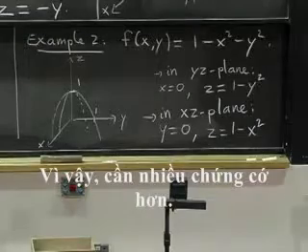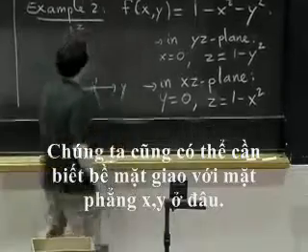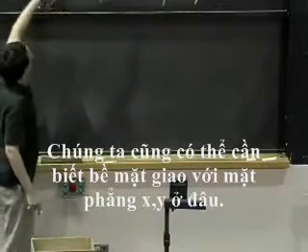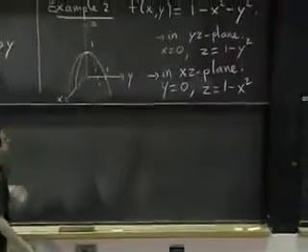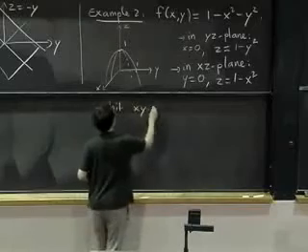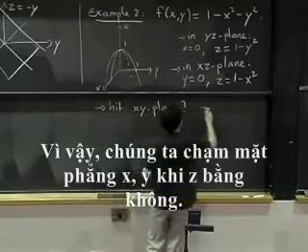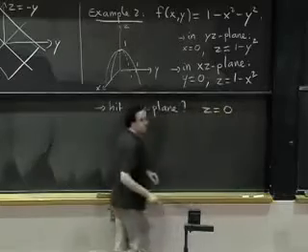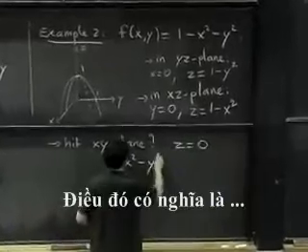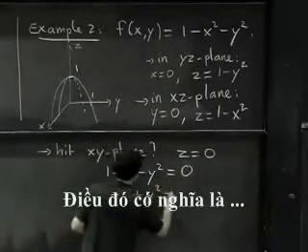So if we want more confirmation, we might want to also figure out where this surface intersects the xy plane. So we hit the xy plane when z equals 0. That means 1 minus x squared minus y squared should be 0. That becomes x squared plus y squared equals 1.